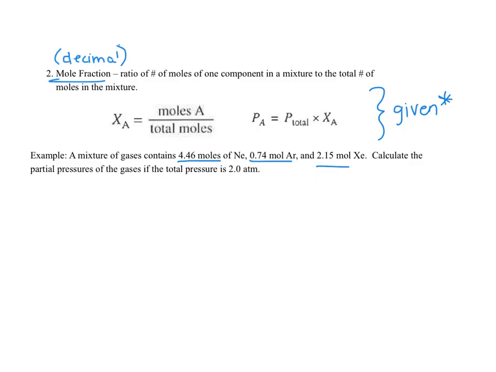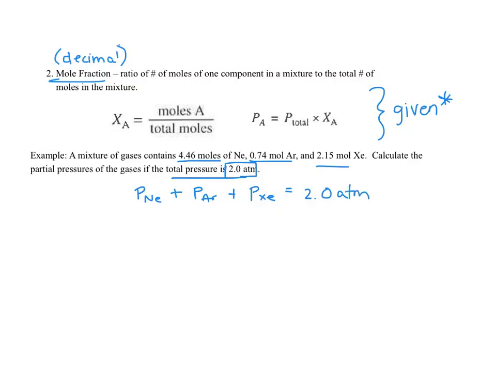And then we're asked to calculate the partial pressure of the gases. If the total pressure of all of them in the mixture put together is 2 atmospheres, that means the pressure of neon plus the pressure of argon plus the pressure of xenon all equals 2.0 atmospheres.